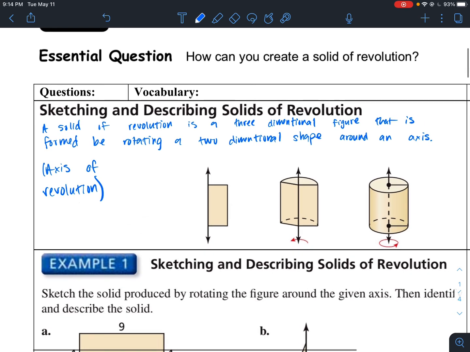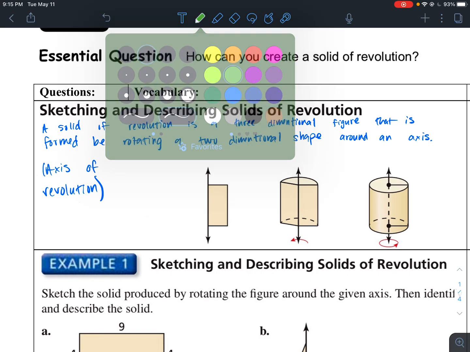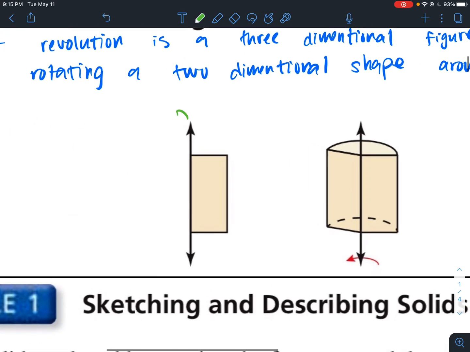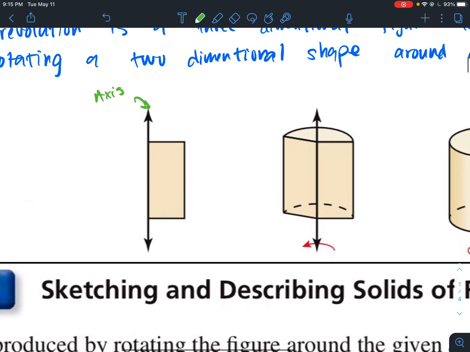You can see the process of how we do this here. We have our axis of revolution right here, and on or near the axis we have a two-dimensional shape, this rectangle. If we rotate it about the axis in either direction, it creates a solid.